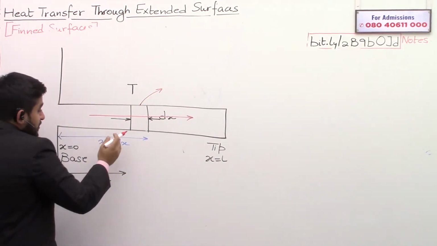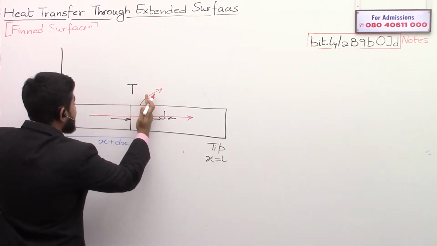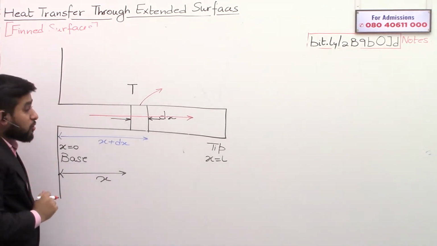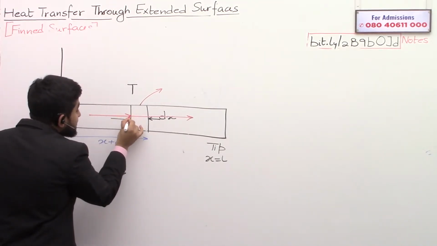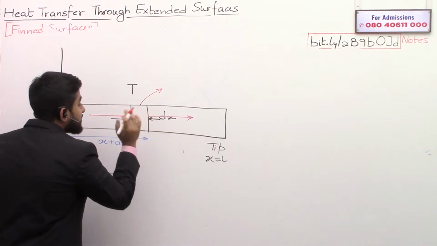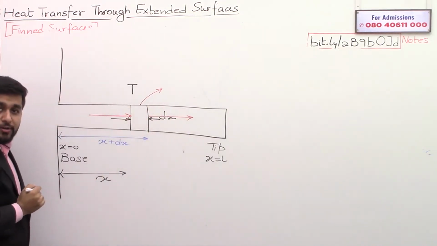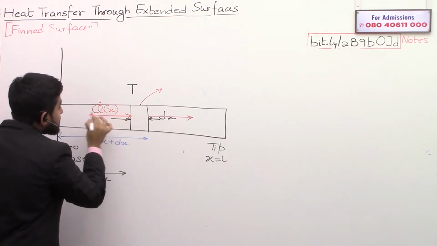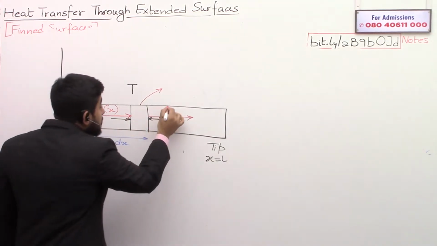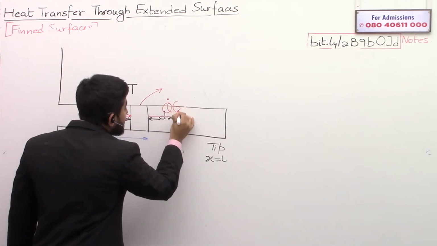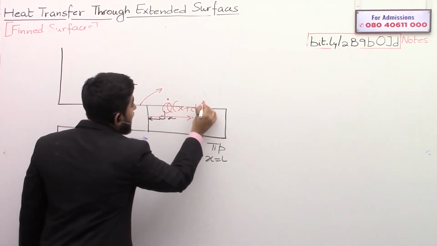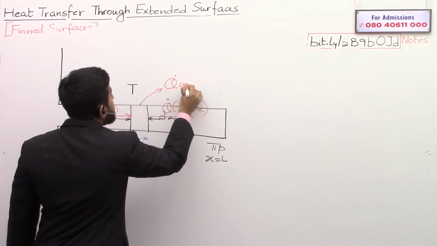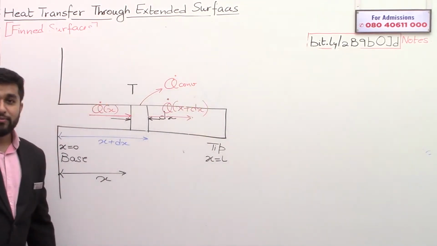There are two sections, section x and section x plus dx. Based on the general direction of heat flow, from this side the heat is coming inside, and from the other side the heat is going outside. So I will write Q dot for section x, which is coming inside, Q dot for section x plus dx, which is going outside, and this I will write as the heat convection rate, Q dot convection.